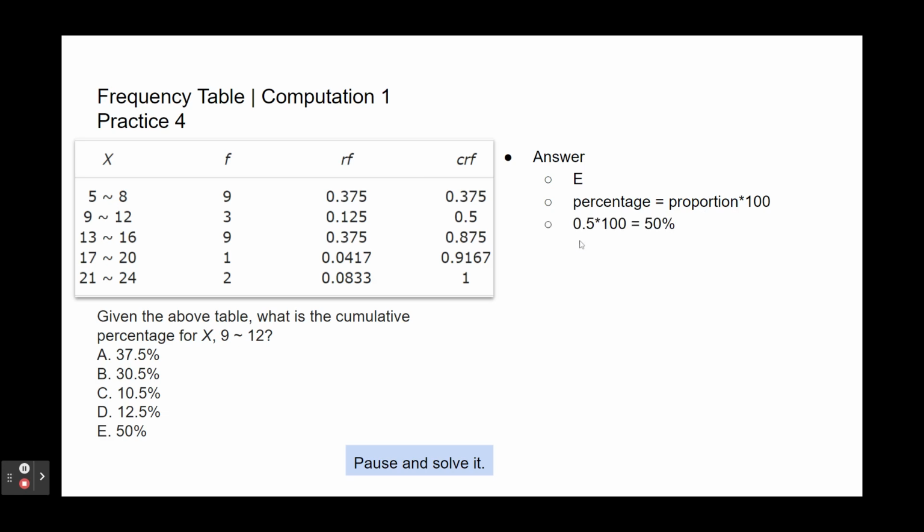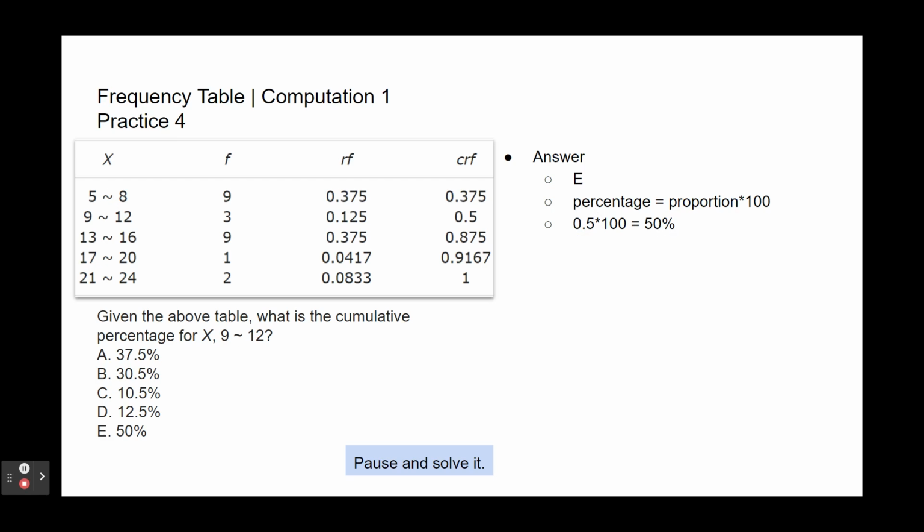So 0.5, the cumulative relative frequency or cumulative proportion, times 100, gives 50 as the percentage.